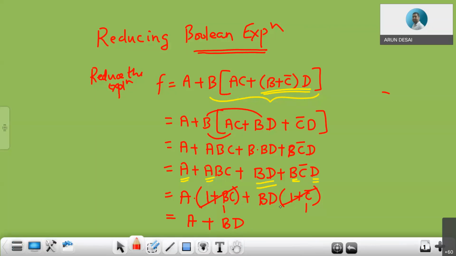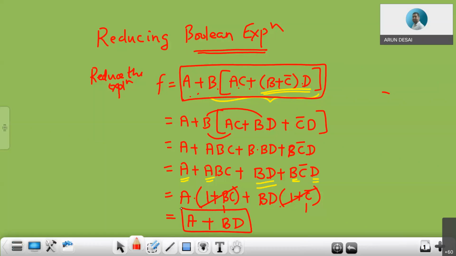How many gates do we require here? 1, 2, 3, 4, then complement 5, then multiplication. There are so many gates required for this expression. Whatever output we get from this expression, we get the same output from the reduced expression.